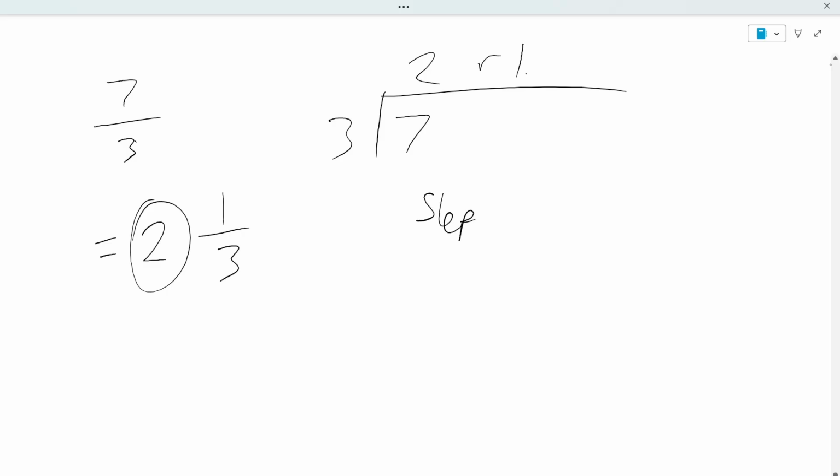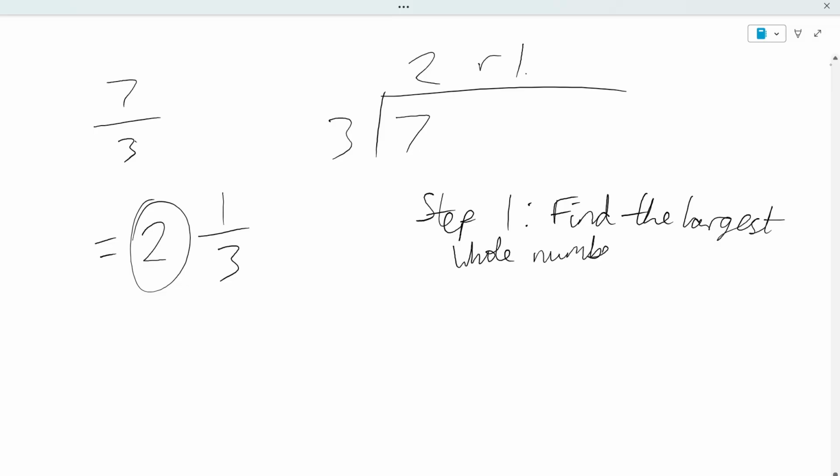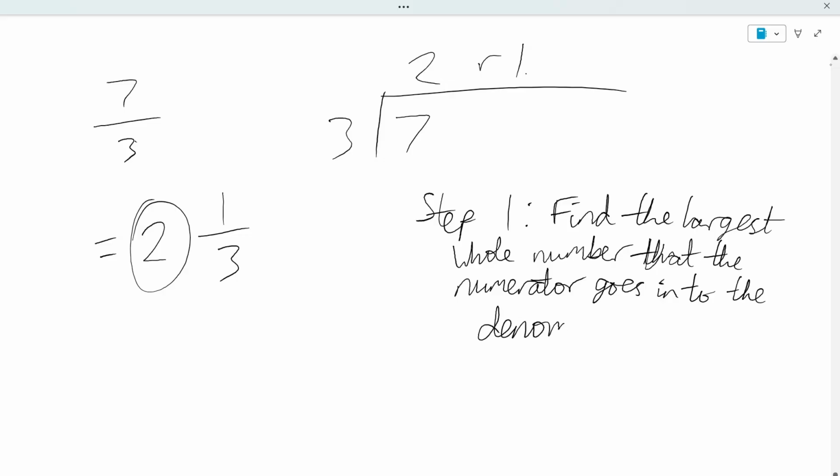Or in other words, if I were to write this out in steps, step 1, find the largest whole number that the denominator goes into the numerator. And then step 2 is find the remainder.